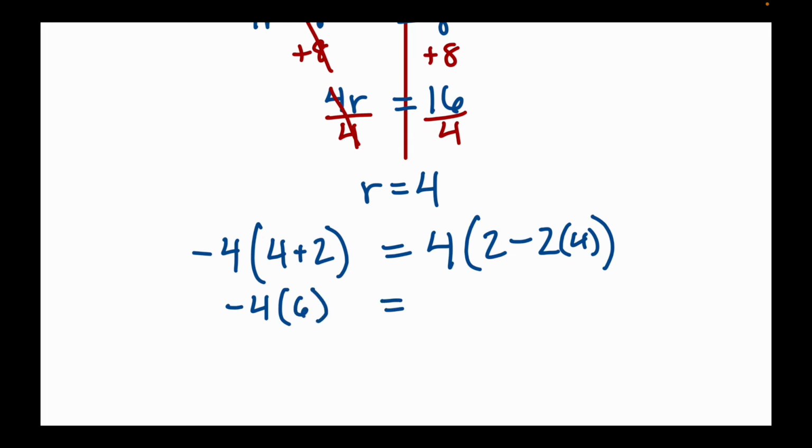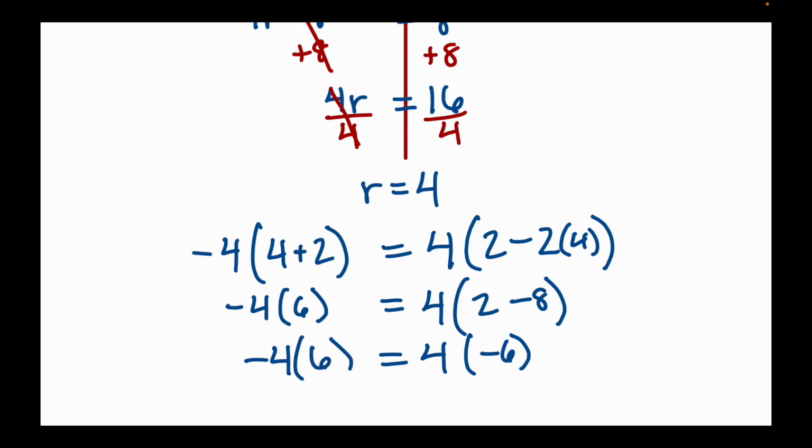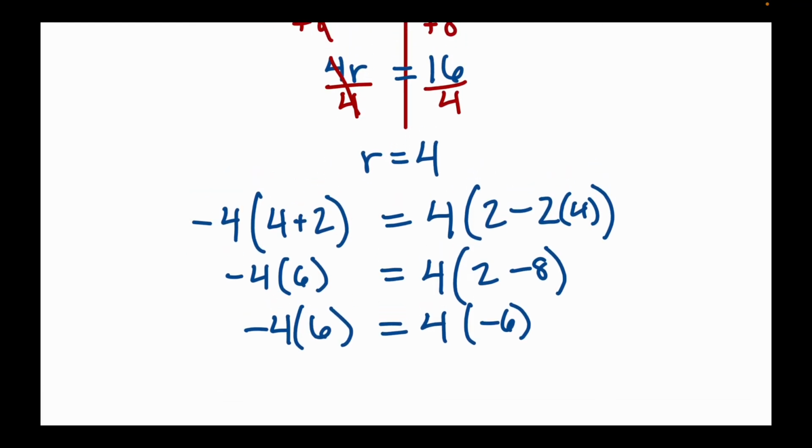And on the right-hand side, +4, I'm going to just work from the inside out. This is going to be 2 minus 8. 2 minus 8 is -6. So is -4 times +6 the same as +4 times -6? They absolutely are. They're both going to give you -24.